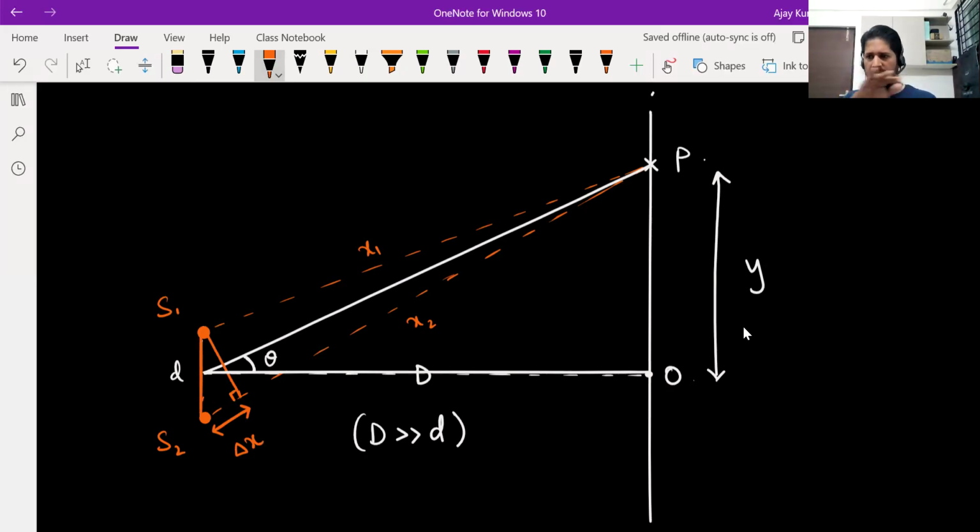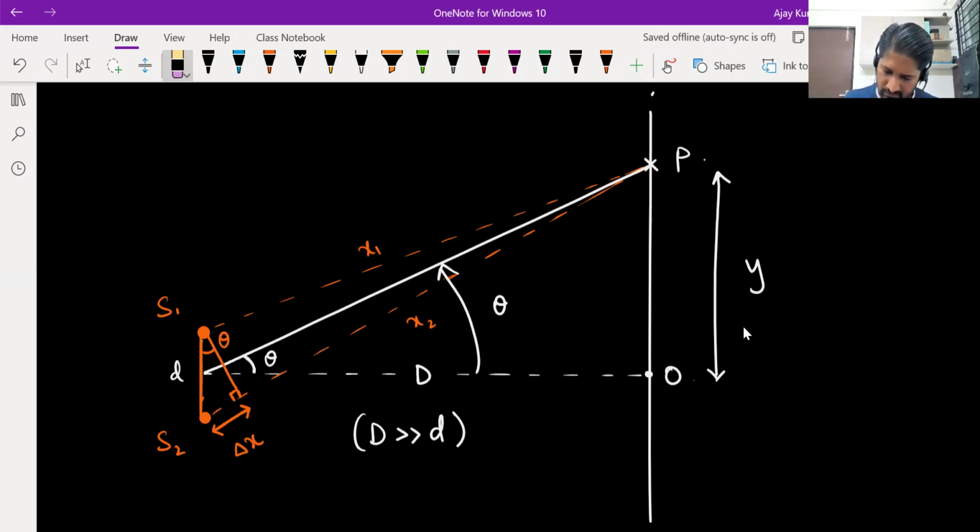The white line will be along the x-axis, orange line will be along the y-axis. Now the white line and orange line are perpendicular to each other. So if you rotate the white line by an angle theta, the orange line also will rotate by the same angle theta. Are you able to visualize this? Yes, sir. Okay, so let us erase these.